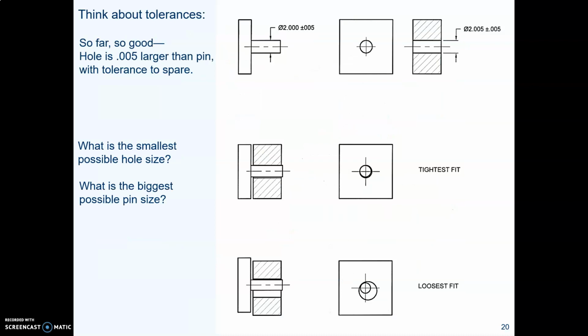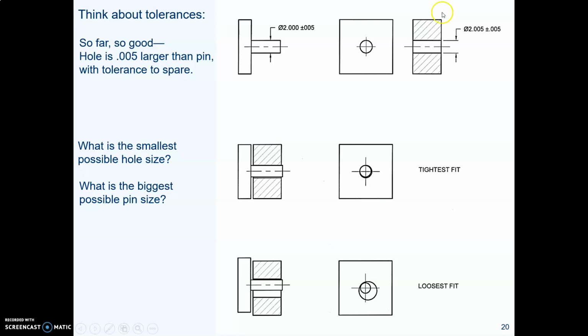Okay, just a few random interesting things to think about with regard to tolerances. This isn't really going anywhere other than I just want you to start thinking about tolerances in the real world. So here's a pin, a 2-inch diameter pin, and a mating hole, a block with a hole.